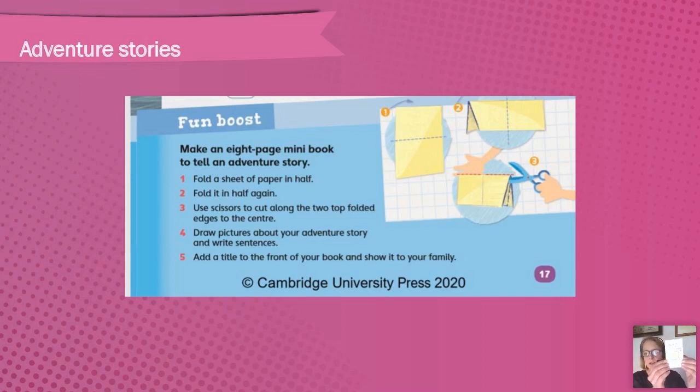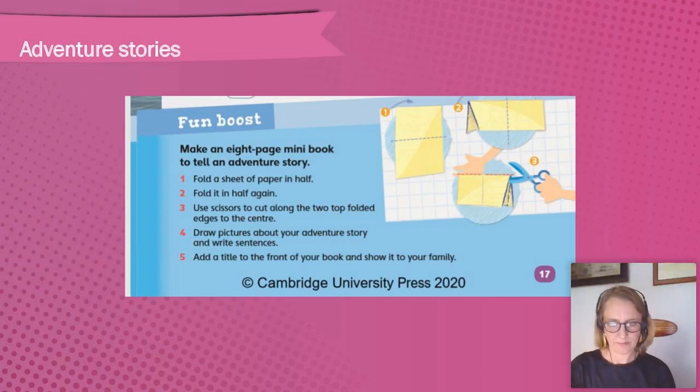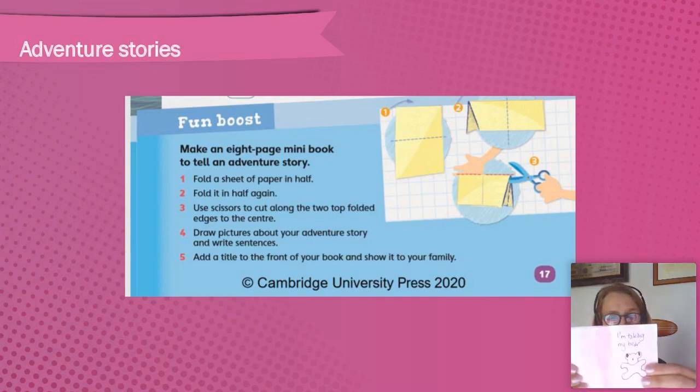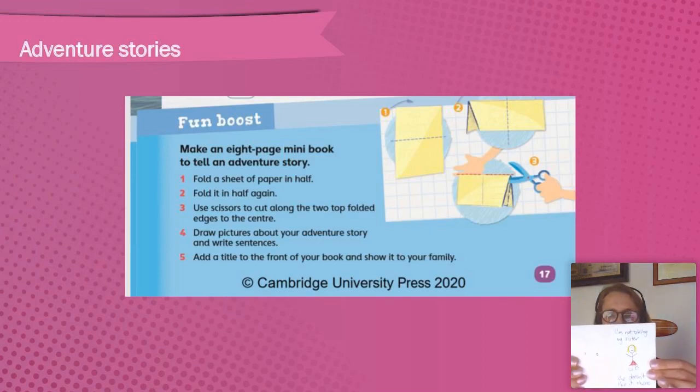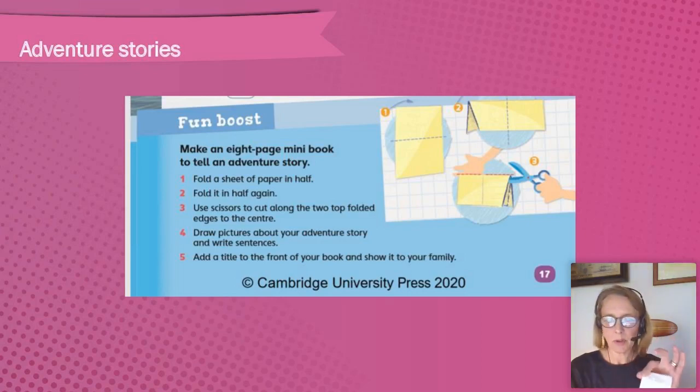This is my trip to the moon. This is my rocket. I'm taking my bear. I'm not taking my sister. She doesn't like it there, and so on. So a tiny little booklet.